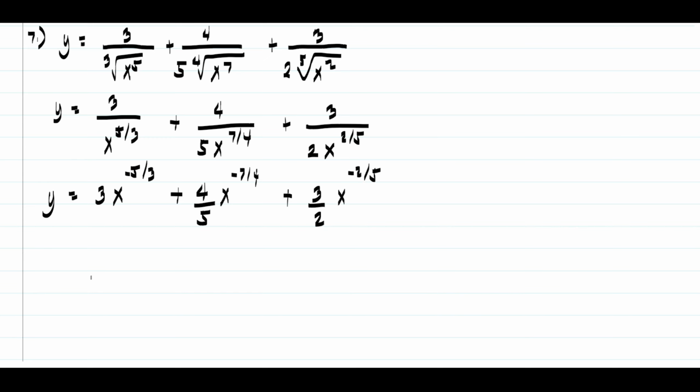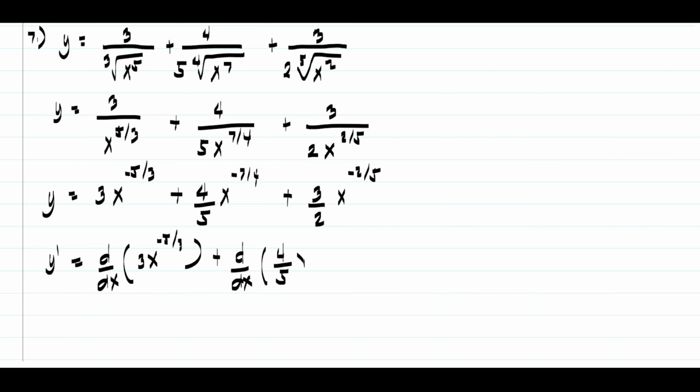So let us find the derivative. We have y prime equals derivative of 3 x raised to negative 5 over 3 plus the derivative of 4 over 5 x raised to negative 7 over 4 plus the derivative of 3 over 2 x raised to negative 2 over 5.